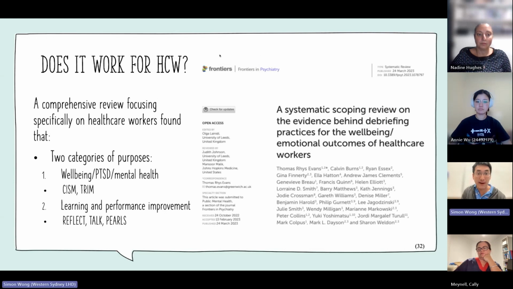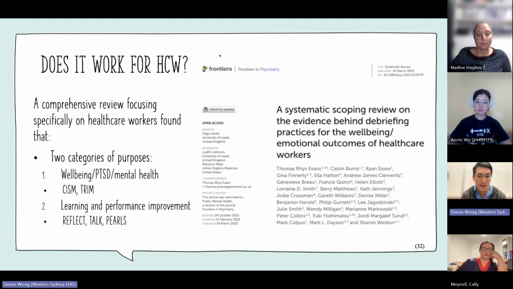Lastly, there's work on healthcare workers specifically. A comprehensive review published last year looked at the evidence behind debriefing and well-being for healthcare workers. They pointed out there are two big categories of purposes, which Annie alluded to earlier on. First is for well-being, PTSD, and mental health, and we have those two models.